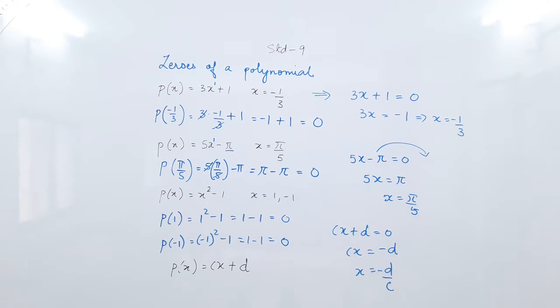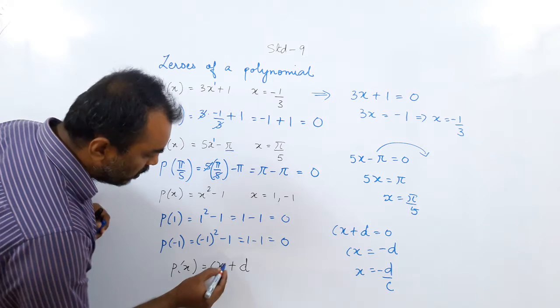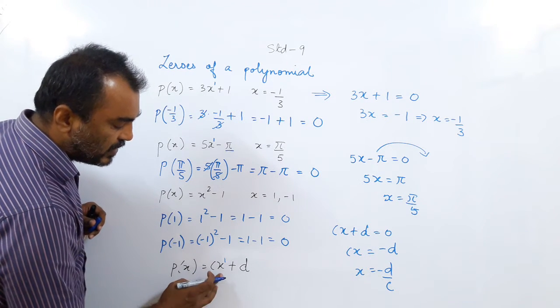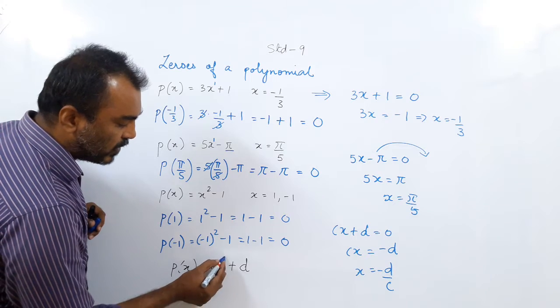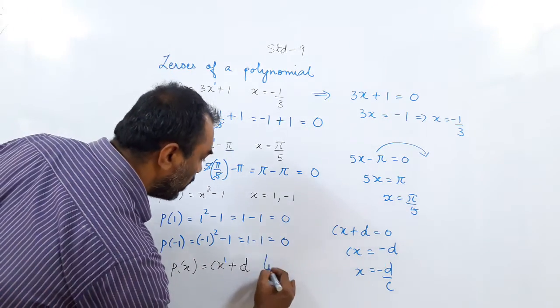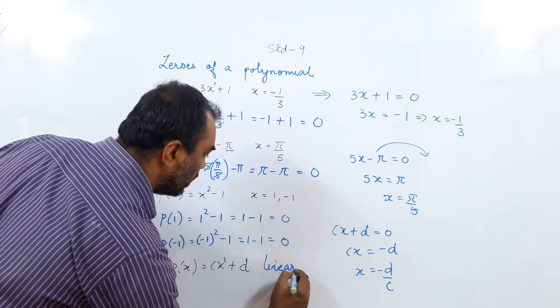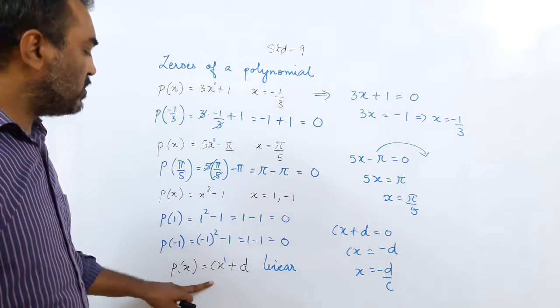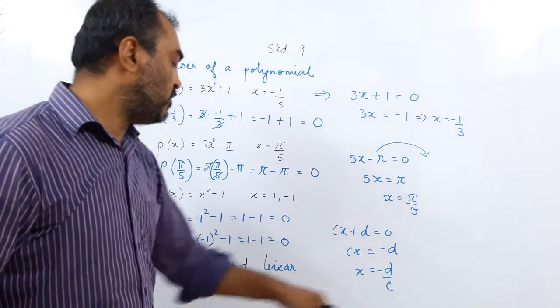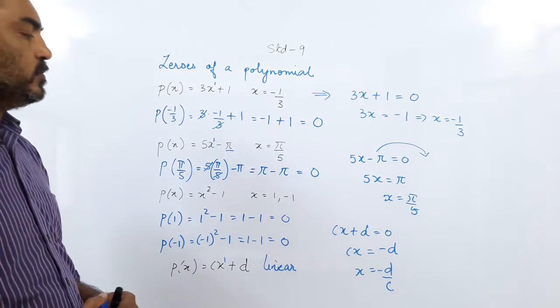To find the zeros of which ones? Linear polynomials. Again, what are linear polynomials? Those which have degree 1. So you can see C and D are constants here. x is a variable whose power is 1, so the degree is 1. Again I tell you, this is called a linear polynomial. So when does the value become 0? Rearrange the numbers and you get x equal to minus D by C.